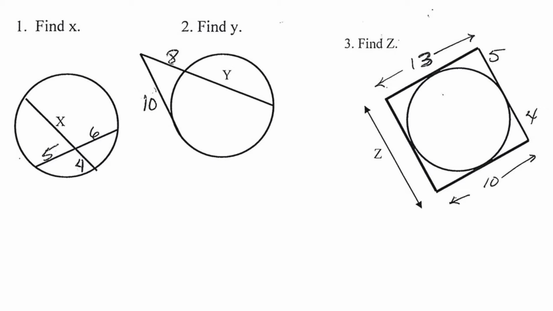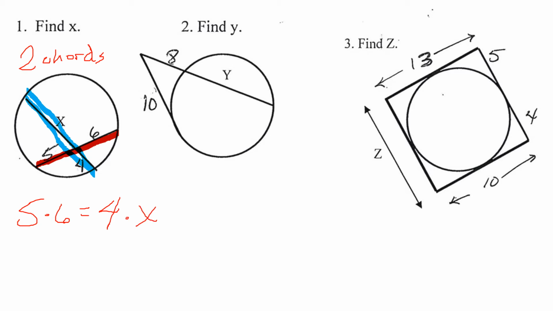Alright, next, the second part, we have segments on circles. So these are 2 chords. When it's 2 chords that crisscross each other, all you got to do is get their products. 5 and 6 are on one chord, and X and 4 are on this other chord, and they just multiply their individual pieces. 4 times X, 5 times 6.